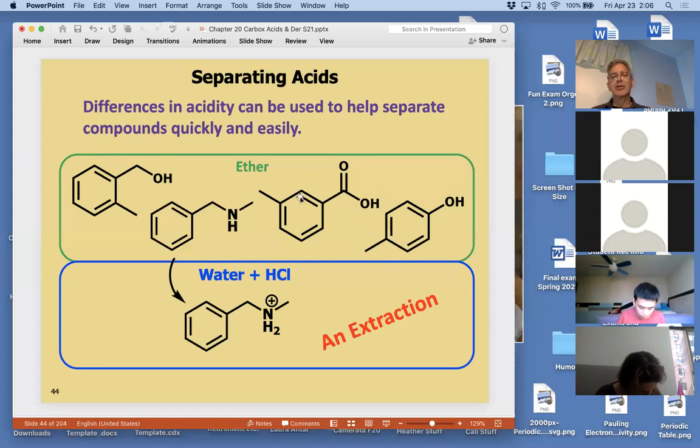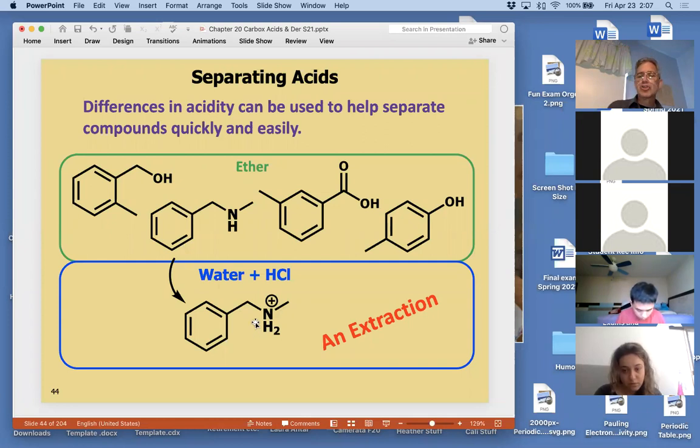The other 3 molecules just watch the action because they don't react with acids. So you got to know acid-base chemistry and you got to know solubility. So making the amine ionic changes its solubility from preferring ether to preferring water. That's what the charge does. Okay, ionic compounds are not very soluble in ether at all.